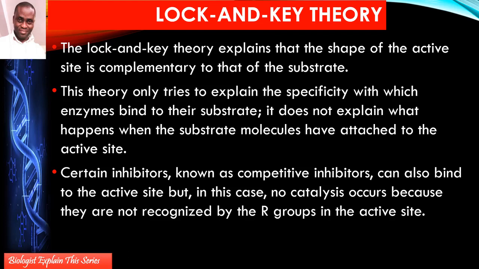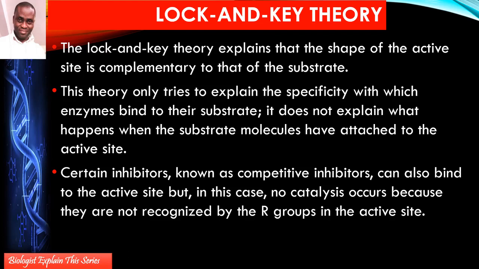But you see, there are certain inhibitors that can also enter the active site. They don't form a perfect fit, but they are still able to enter the active site. So we are going to be seeing the effect of such inhibitors called competitive inhibitors. They don't look exactly like you, but they are still able to cause a problem in the active site.